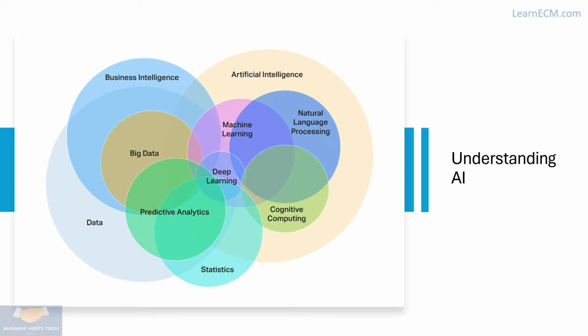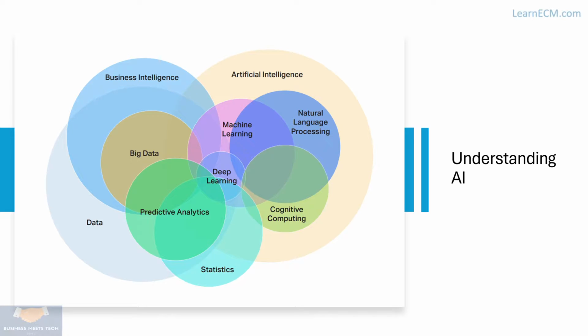Now let's see what exactly is artificial intelligence and how this NLP and machine learning and this generative AI tie into that. So artificial intelligence or AI refers to the development of computer systems that can perform tasks typically requiring human intelligence. And with the advent of large language models or LLMs and generative AI, these systems are not only capable of processing vast amounts of data, but also exhibiting human-like understanding and creativity.